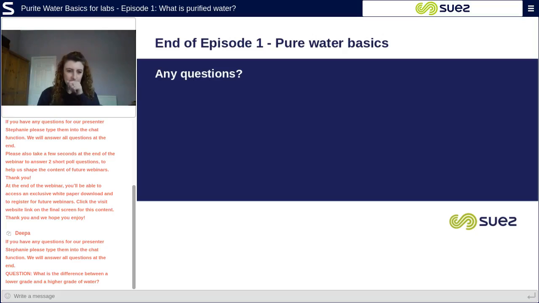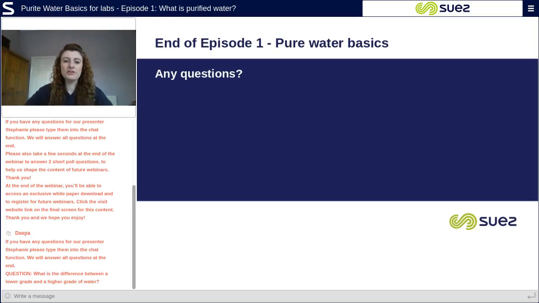So I've got a question here. What is the difference between a lower grade and a higher grade of water? So a lower grade of water will have higher amounts of minerals, organics, and bacteria. For example, it could have a resistivity of around 1 megohms.